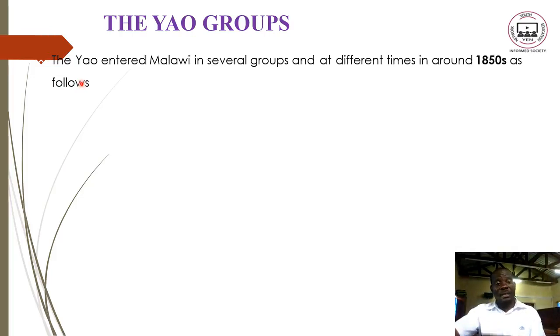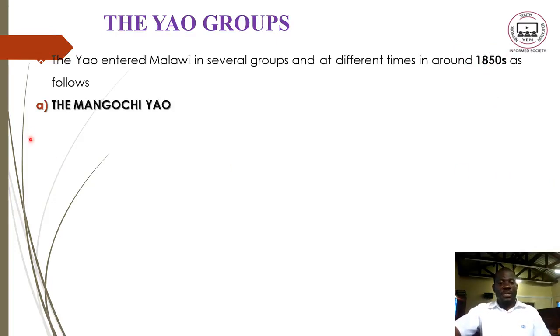They were at different places led by different leaders. So then they also moved out at different times. So their migration started around 1850s. That's why we're talking of the 19th century immigrants.